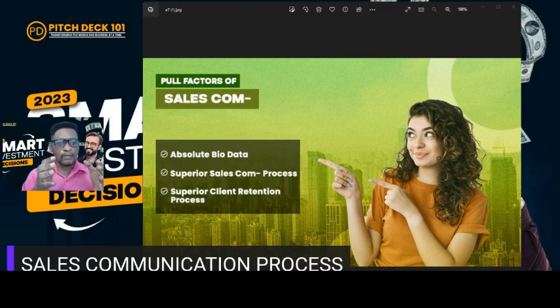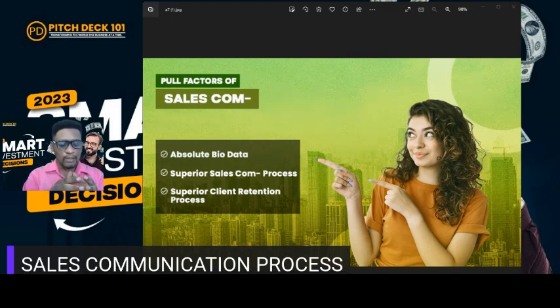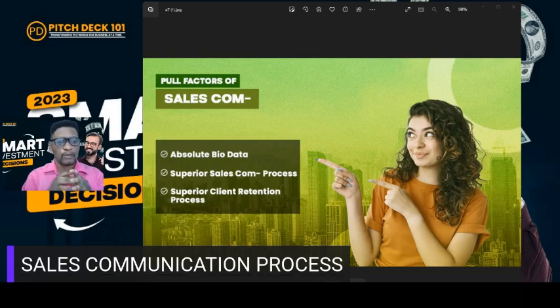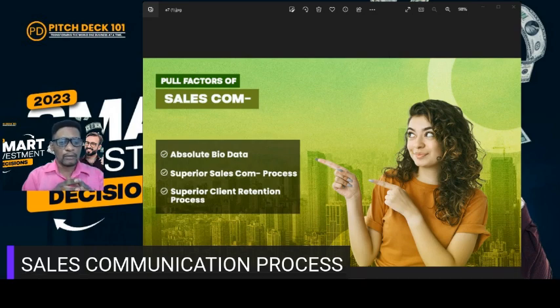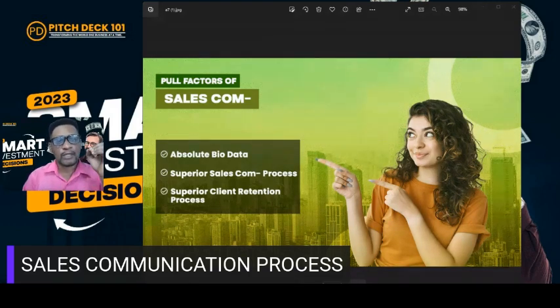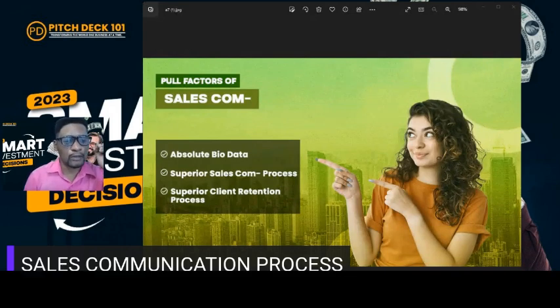The pull factors of sales communication are not so interested in knocking on doors. They're not so interested in bombarding with aggressive, direct sales. They're not so interested in, every opportunity you get, positioning your value proposition. It's more tactical. It's more strategic. It's more intentional.